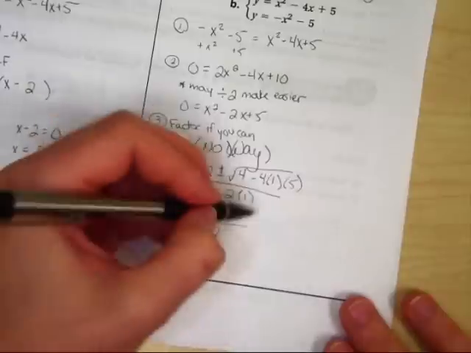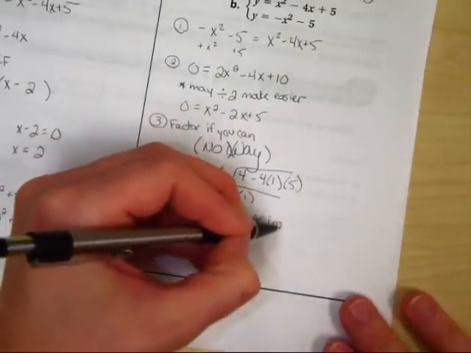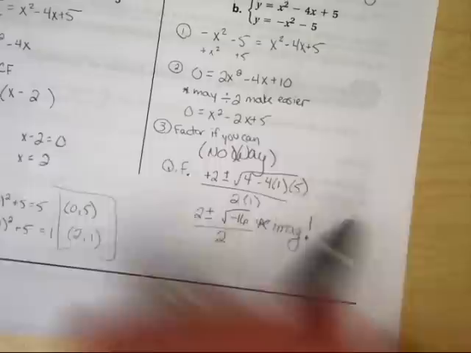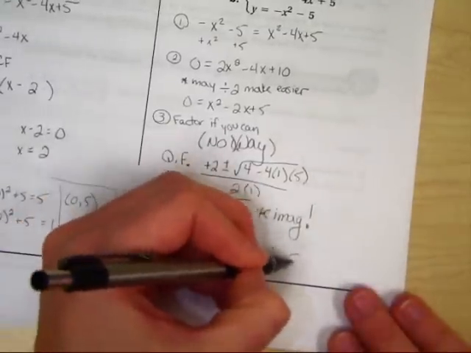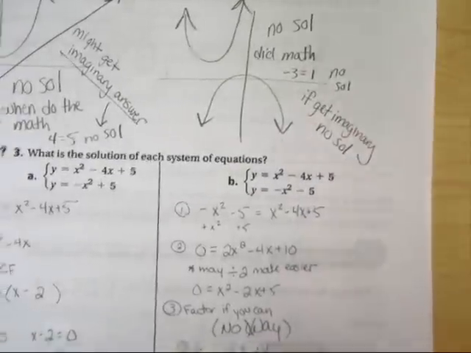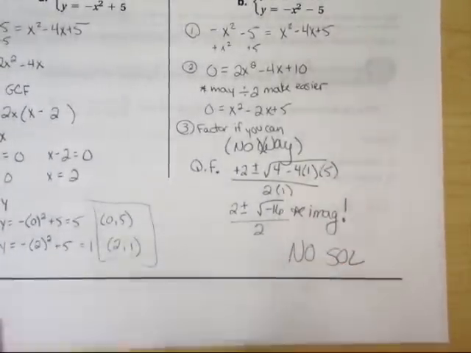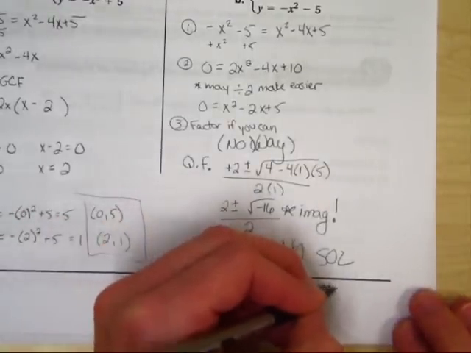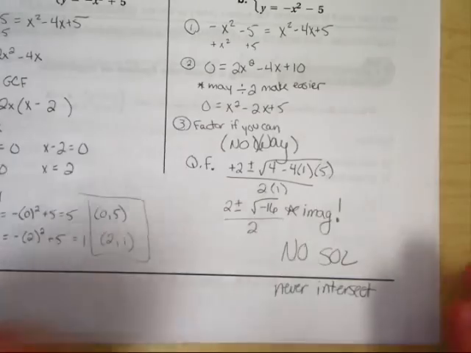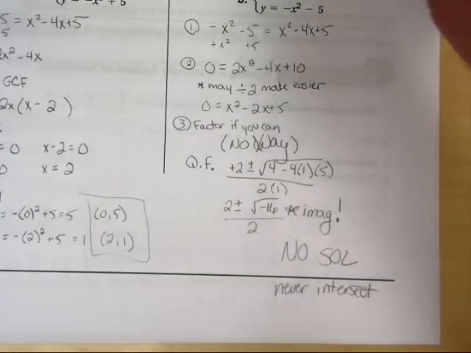You guys should remember from yesterday that this would be an imaginary answer because your square root is negative. So this has no solution. Remember up here when I said you get an imaginary answer, you simply write no solution. If you really want, you can write never intersect. You can even put those on your graphing calculator and prove it.